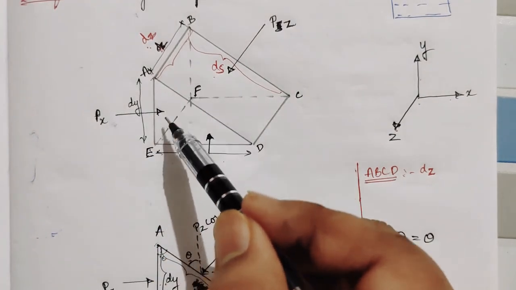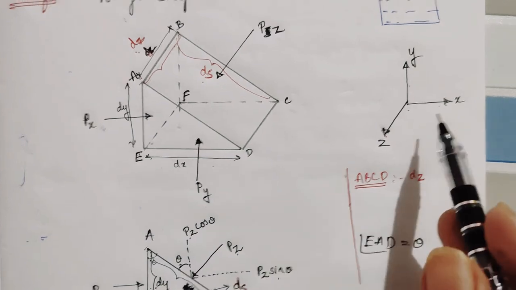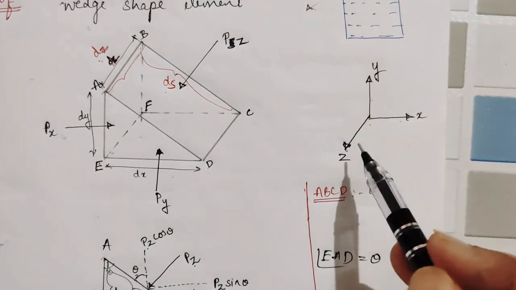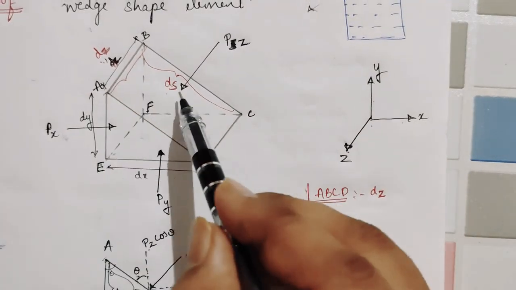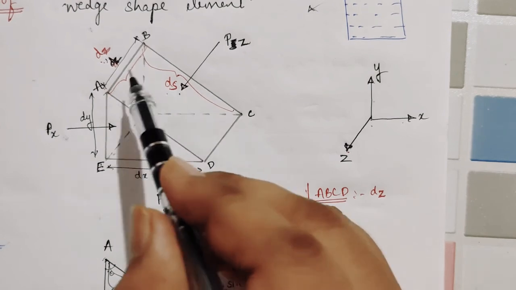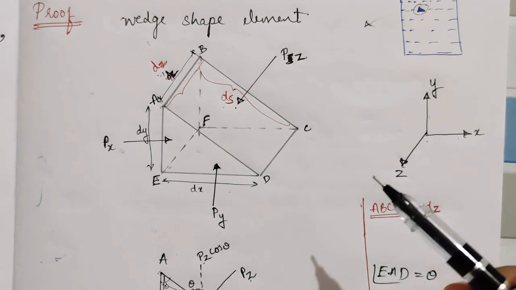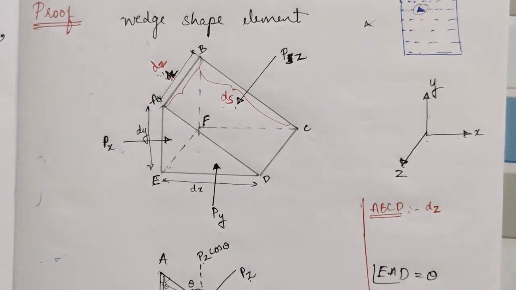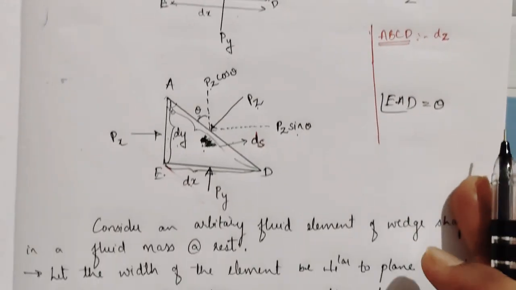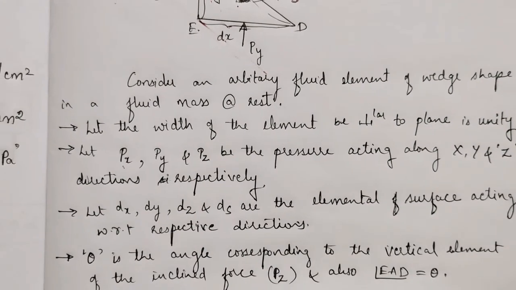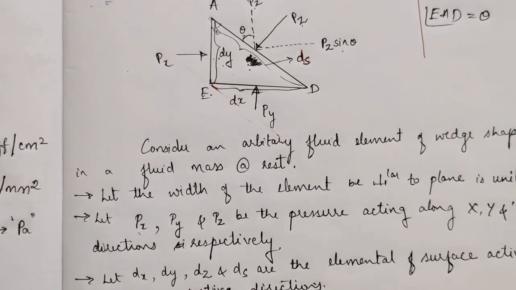In the same plane it will be unity, but in a different plane it will not be unity, so I introduce a term called ds, and this is dz. So ABCD will not have a unity term, but here we will have unity. You will get to know why when I do the further calculations. So I am going to the next page.